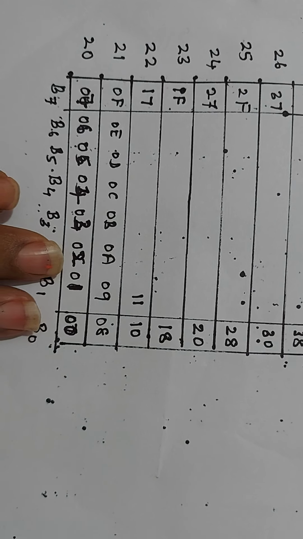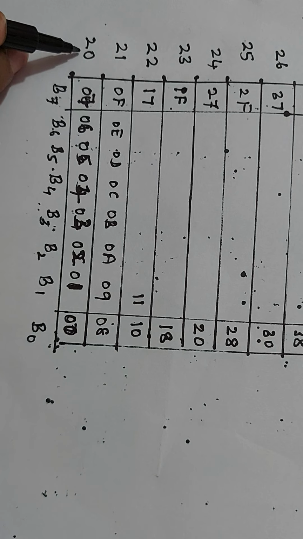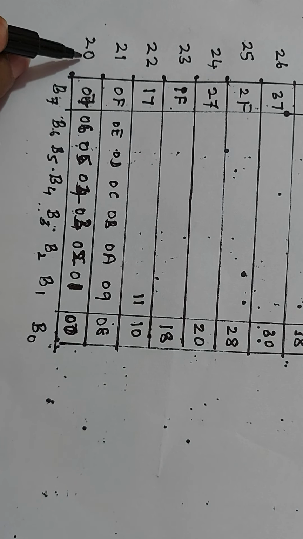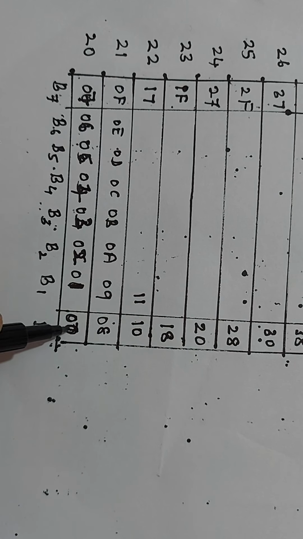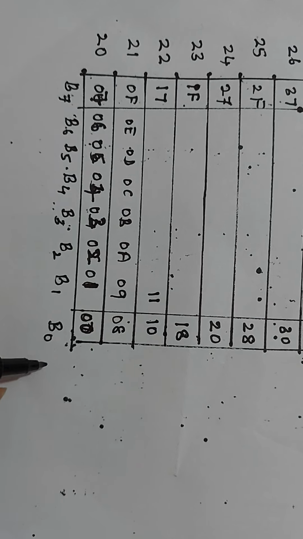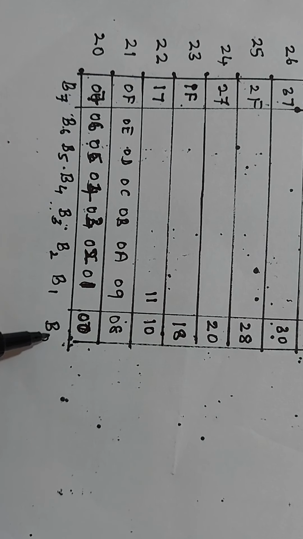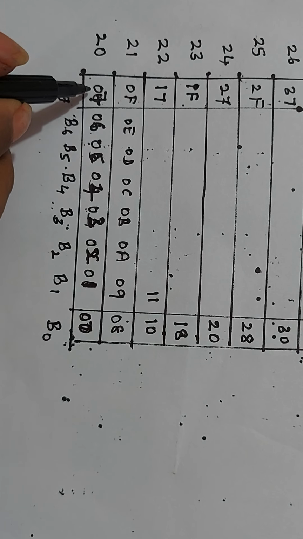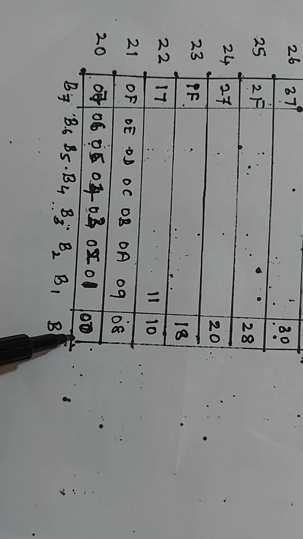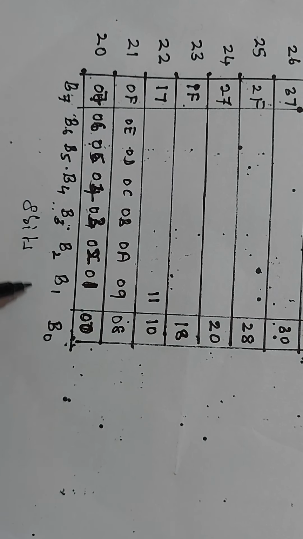See, I will represent the bit address. 20 is the RAM location which is used for bit address, and each RAM location has 8 bits. I will represent these bits as B0, B1, B2, B3, B4, B5, B6, B7, that is bit 1, bit 2, up to bit 8. In total there are 8 bits, so they can store 1 byte.